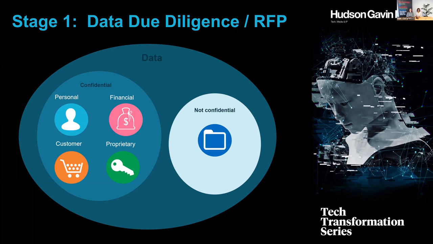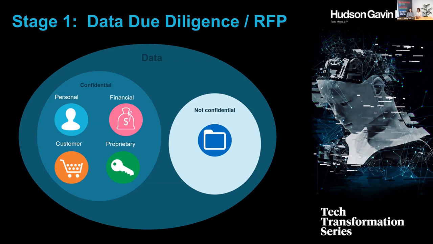I think that in terms of the data that's actually involved in a tech transformation project, this can be varied. So it may involve non-confidential information, but more than likely it will also involve confidential information. And in terms of confidential information, there are several buckets that sit within that subset of data.